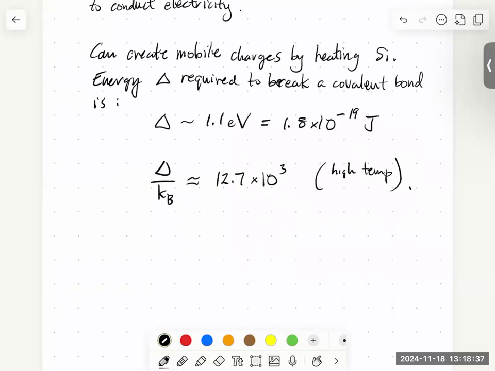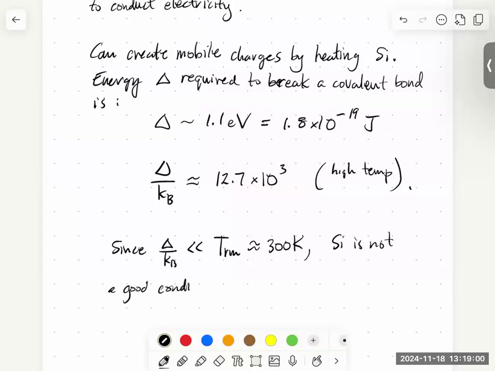So since delta over kB is much less than, let's say T room, which is around 300 Kelvin, silicon is not a good conductor at room temperature.